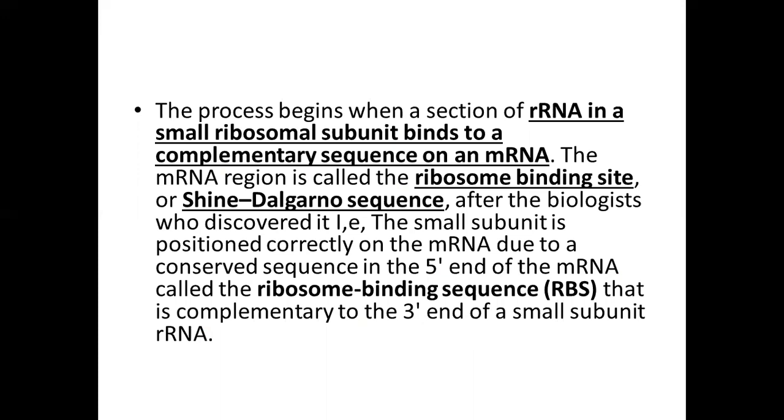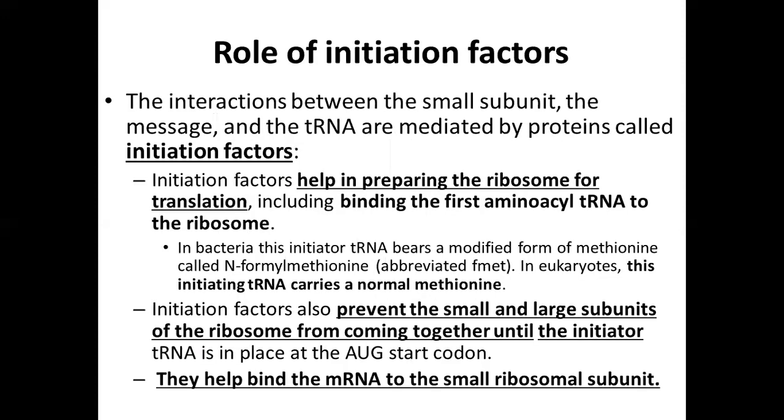So the small subunit is positioned correctly on the messenger RNA due to a conserved sequence in the 5' end of the messenger RNA, known as the ribosome binding sequence, which is complementary to the 3' end of the small subunit ribosomal RNA.